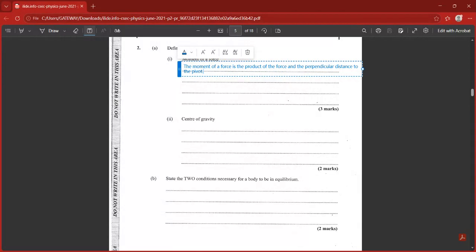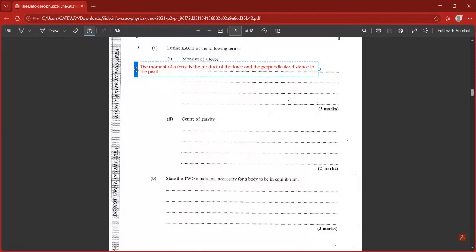I put that in red so you see better. Right, so that is just one mark there.